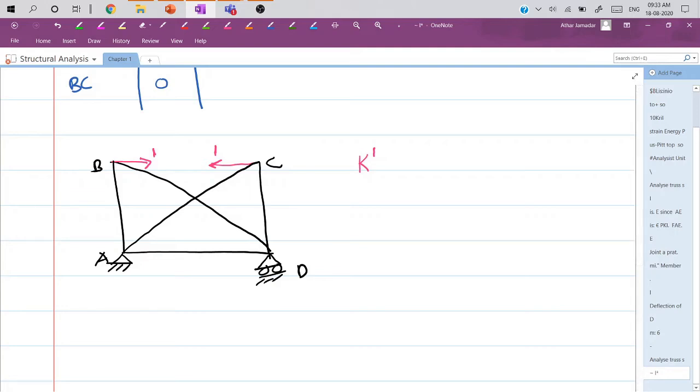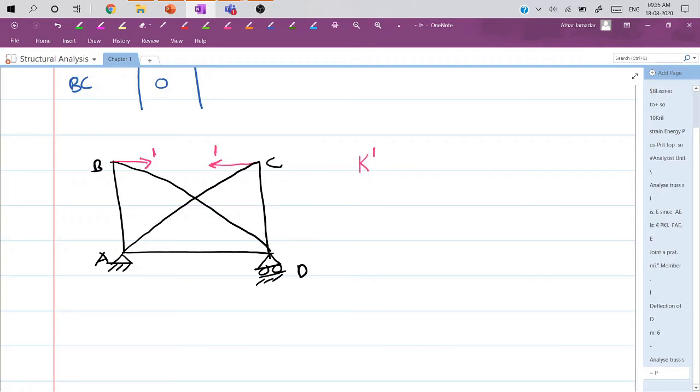Now we have to analyze this entire truss for this load of 1 kilonewton. These forces are equal in magnitude and opposite in direction, so they will cancel each other. So ultimately the values of Ra, Rd and Ha are going to be 0, and therefore all the reactions are going to be 0.